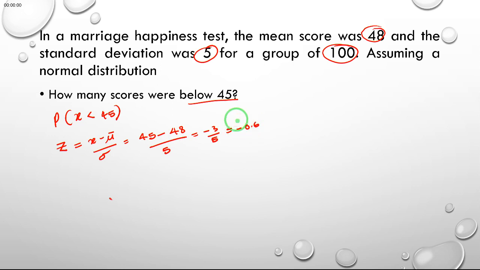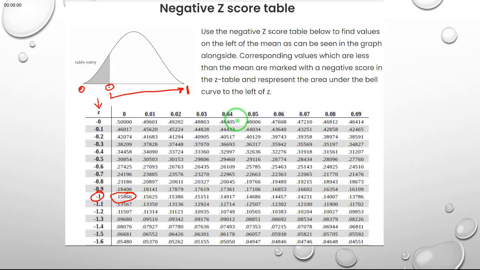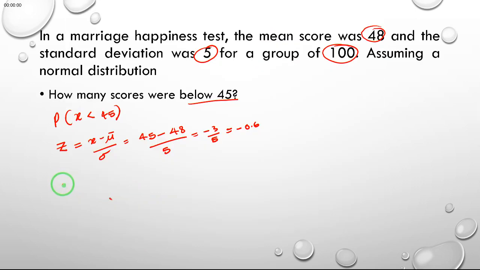When you go to the normal distribution table, you look up negative 0.6 and 0.0. This is the figure we need, 0.2743. So the probability for z between 0 and negative 0.6 is 0.2743.